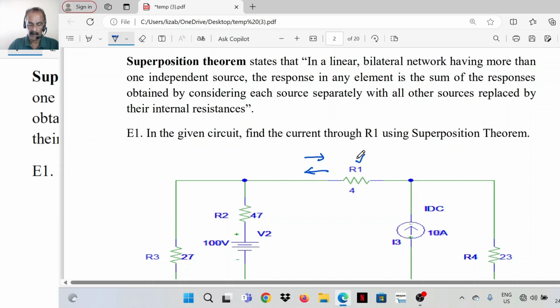Add these two currents with proper signs and we will get the combined effect. That means when both the sources are present, whatever is the current passing through element R1 can be found by adding these two values of current, which we got by considering the sources separately. That is the statement of superposition theorem.